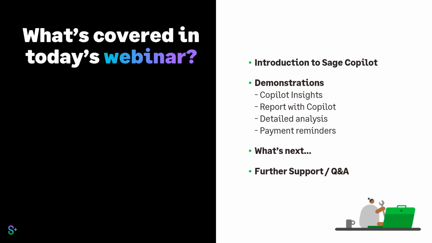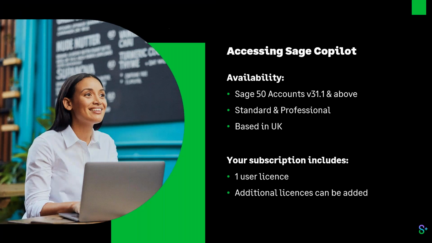Right, okay, so let's first of all talk a little bit about accessing Sage Copilot, because not everyone will have access to Sage Copilot. So you need to be in a certain position to be able to do that. First of all, Copilot was released in version 31.1, so you need to be on version 31.1 or above. You can always check your version by going into Help and About within your software. You need to be using what we term the variant, so the level of Sage 50. It needs to be either Standard or Professional.